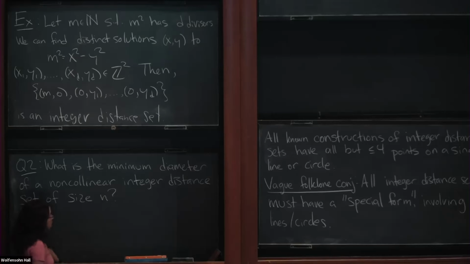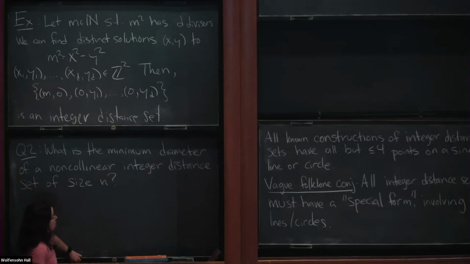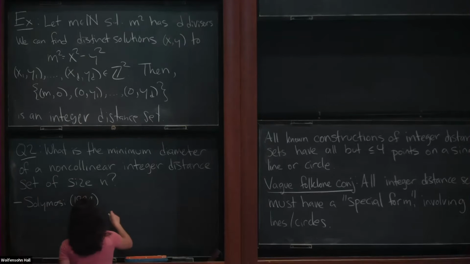So our structure theorem also applies to this question. What was known about this? The same paper of Shoimoshi gives a lower bound that's linear in n.